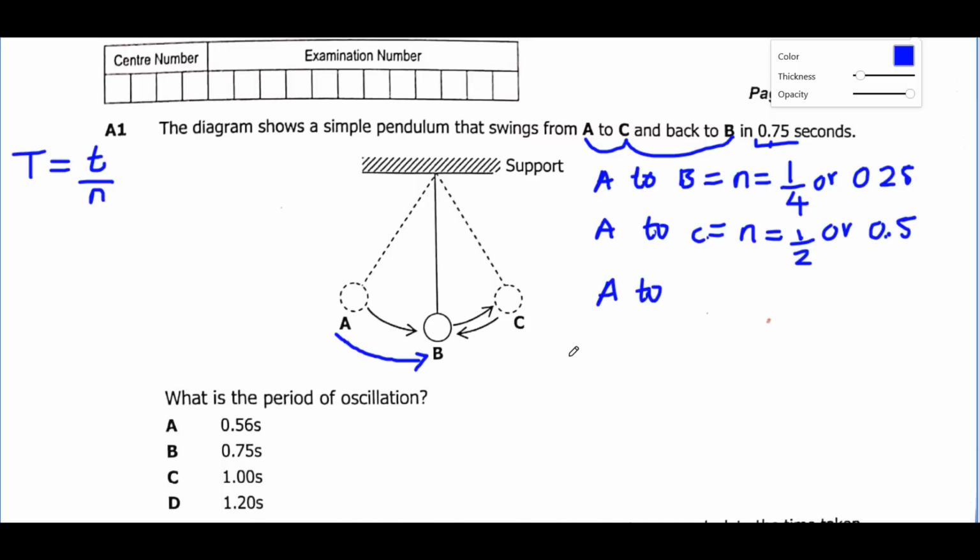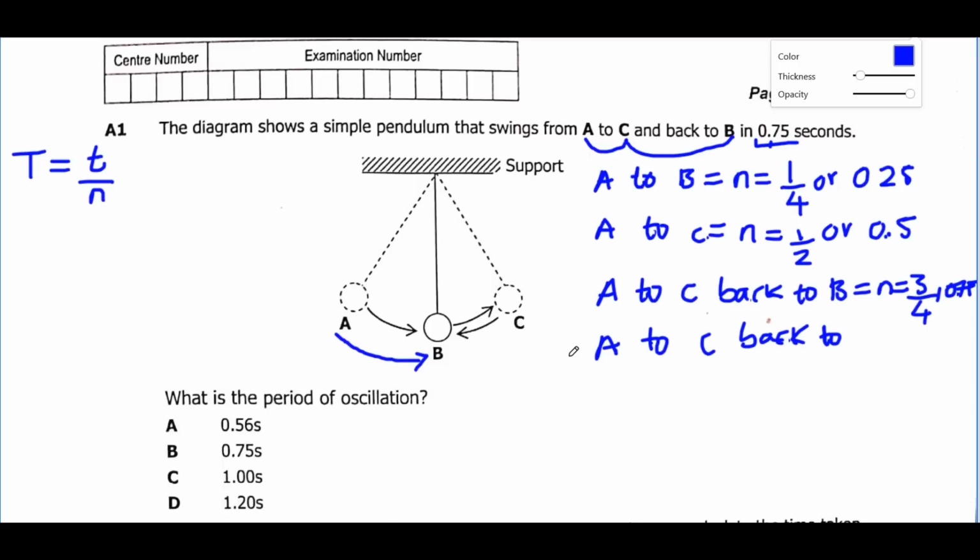What of A to C back to B? n is equal to 3 over 4 or 0.75. What of A to C back to A? Back to its original point, n is just equal to 1. So that is one complete oscillation.